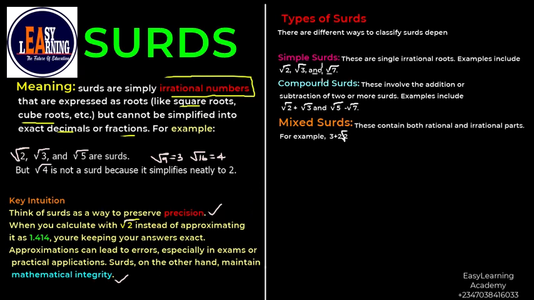Okay, let's proceed by seeing the types of surds. There are different types of surds. We're going to look at the three types that we have.